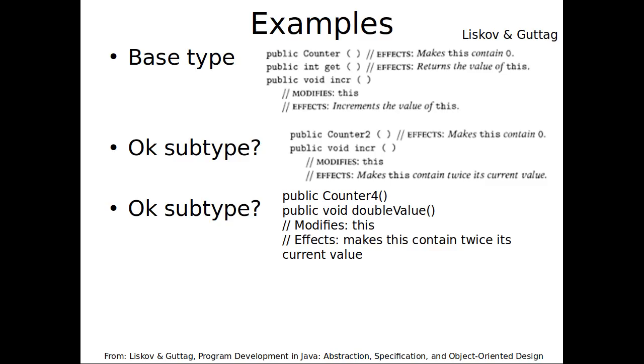You'd say, this is impossible for a counter. No, because basically an object of counter 4 type passed around, if we call increment on it, behaves perfectly normally, as we would think. Call get on it. Any value we could get through counter 4, we could also get through a counter, right?